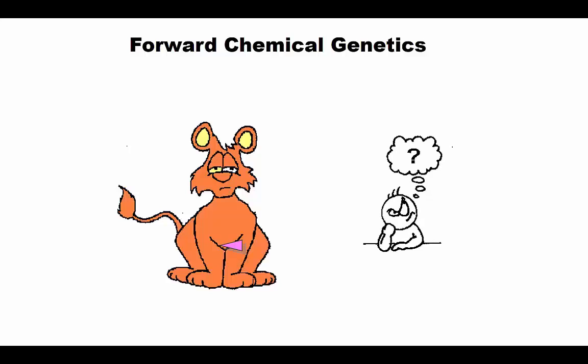The next step is we need to understand the mechanism, and the most important first question is to figure out what is the binding partner of this small molecule. The partner can be a protein or different macromolecules, but anyway, the target is very important to understand the mechanism of this small molecule. That's why we call this approach target identification.